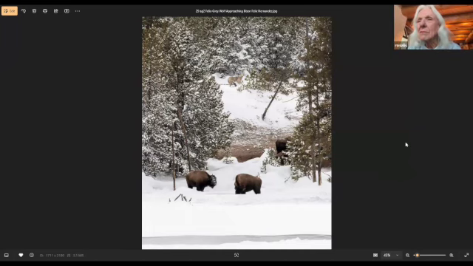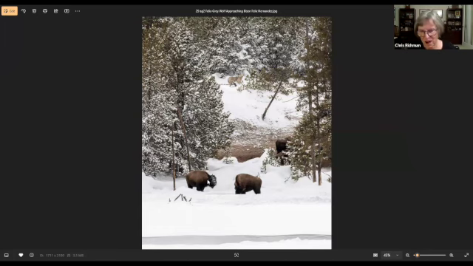So to be very honest, because of the contrast between the dark and the light, I never even saw the wolf the first time I looked at this. I thought this was like a tree stump. I never even saw another animal there. These two really did command my attention.